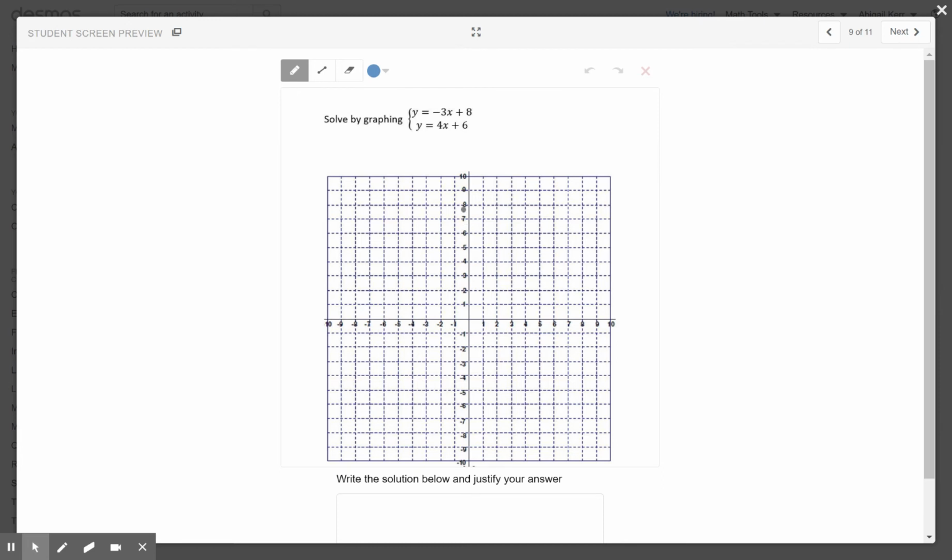All right, the first equation, begin at 8, go down 3/1, down 3/1. And notice that brace. I just put the brace for this problem and for the next problem to show you that's kind of how some teachers group the two equations together.